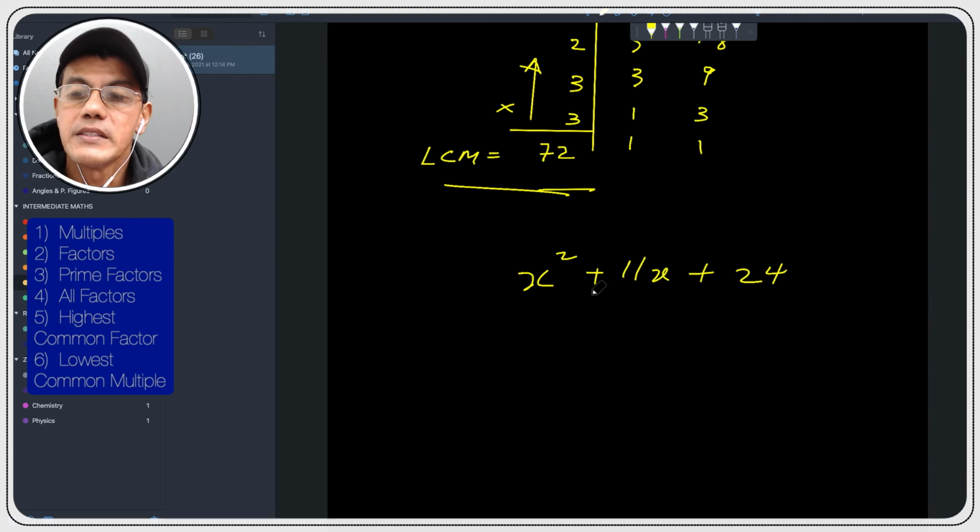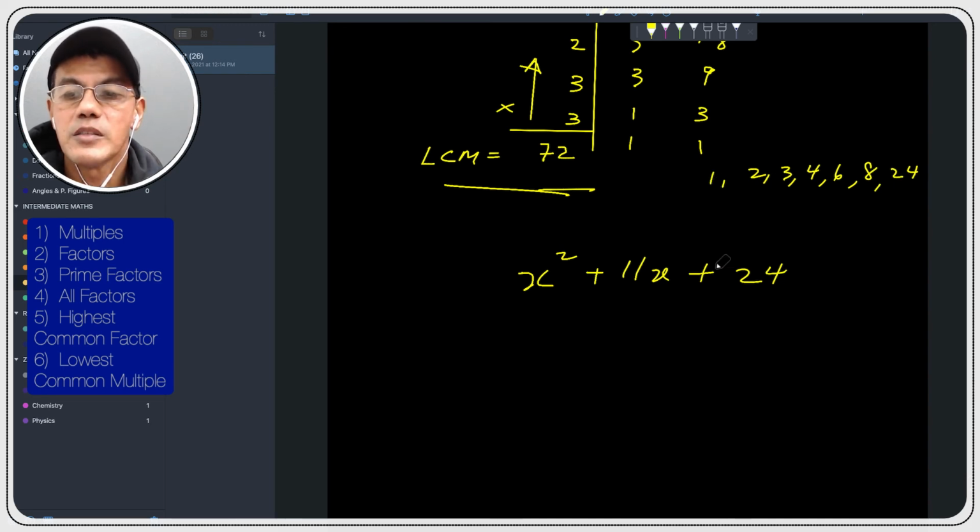How do you factorize this? Quickly, you have to know all the factors of 24. I did, so I can just write it here quickly: 2, 3, 4, 6, 8, and 24, right? Of course, you got 1, 2.